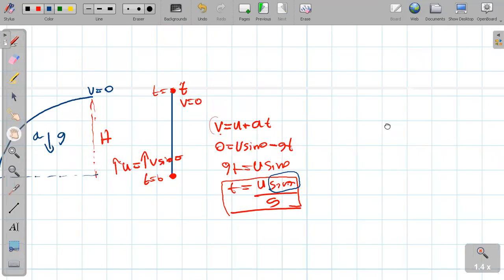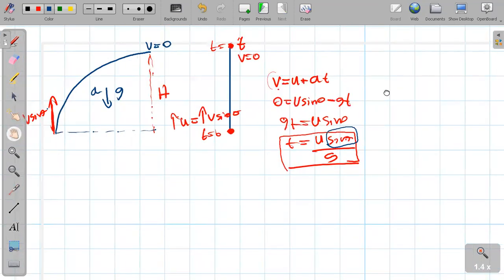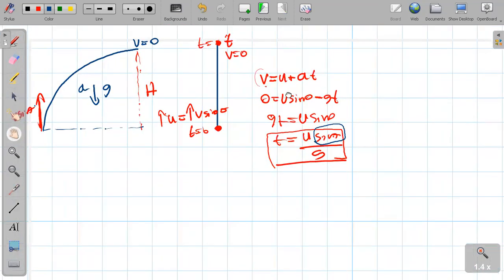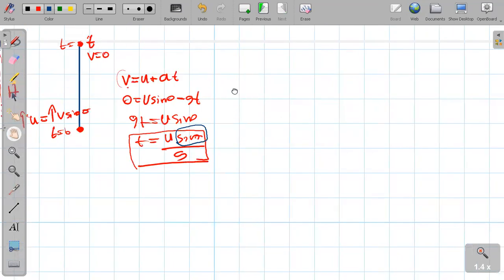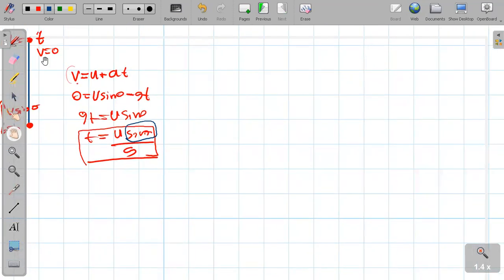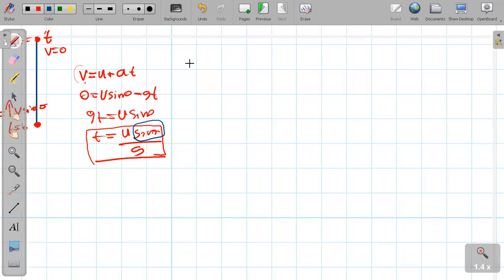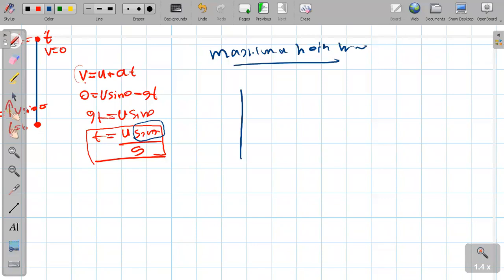Okay, now let's move on to the maximum height reached. What is the maximum height? Moving with v sin theta, the final velocity is 0, and the acceleration is g.